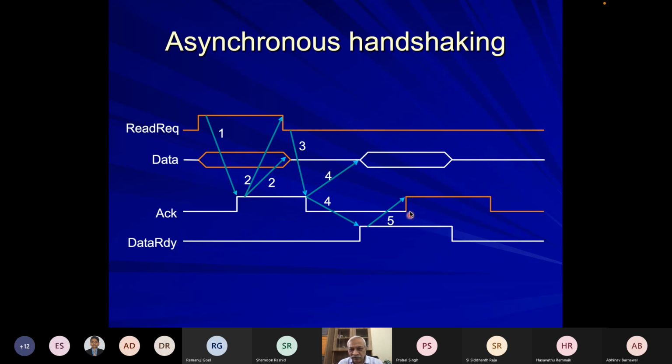Then in response to this, this is coming. That is the fifth dependence. And in response to this having become 1, then this next event is happening. And the last one is this seventh. Okay. So for the next cycle, read request can go to 1 only if this whole chain has been completed.